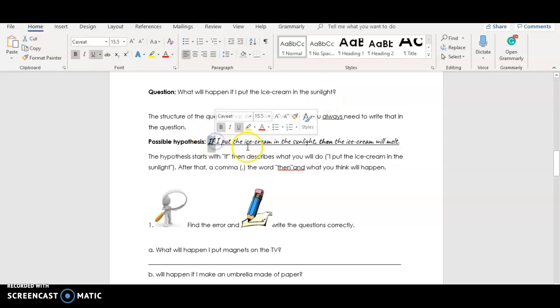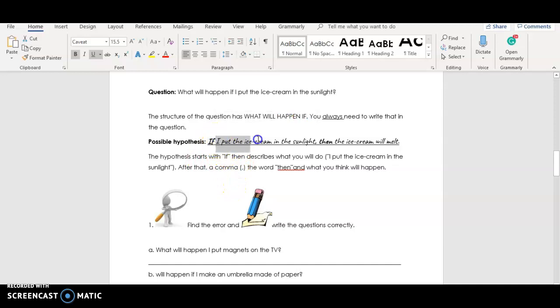If I put the ice cream in the sunlight, then the ice cream will melt. So you need to look that the hypothesis starts with the word if.